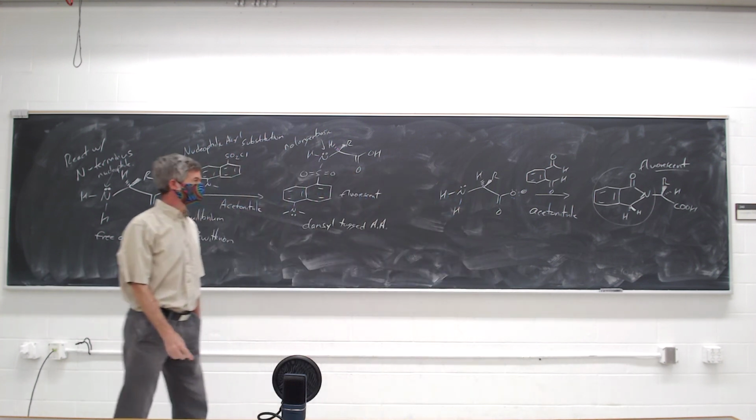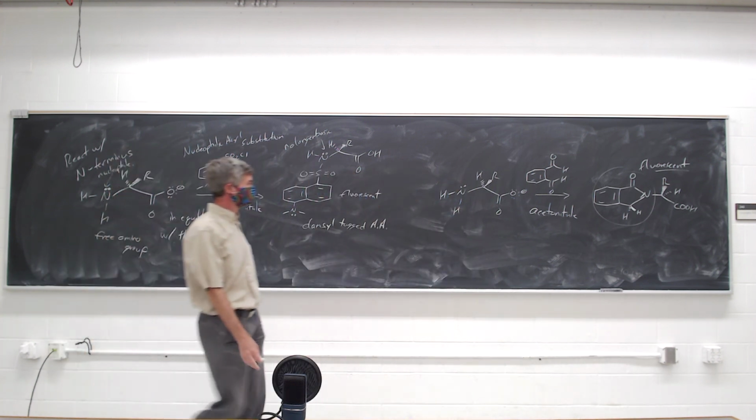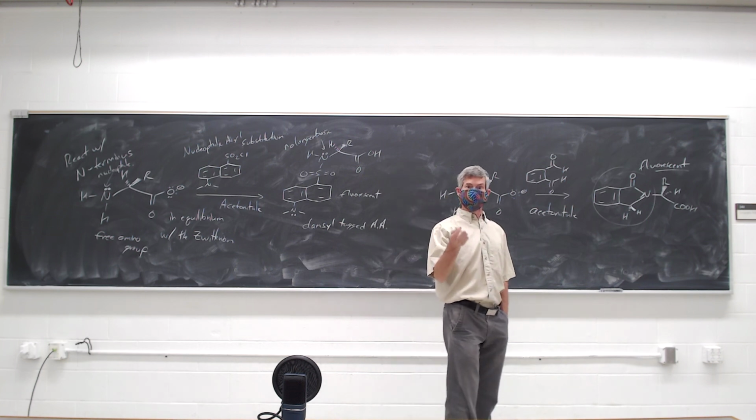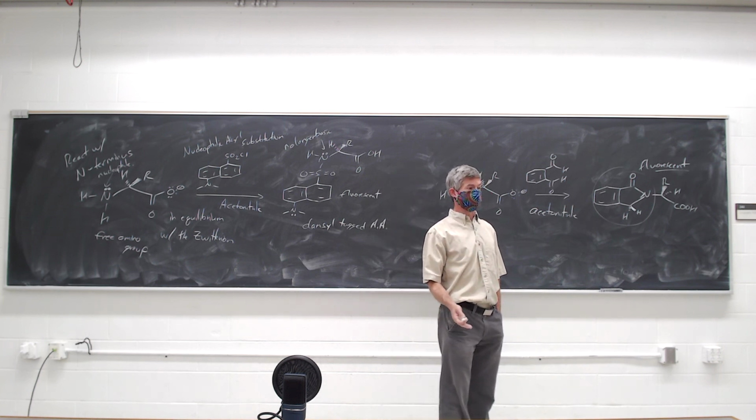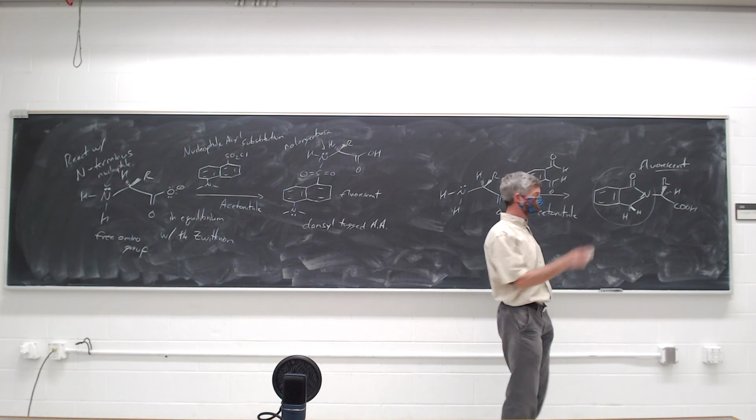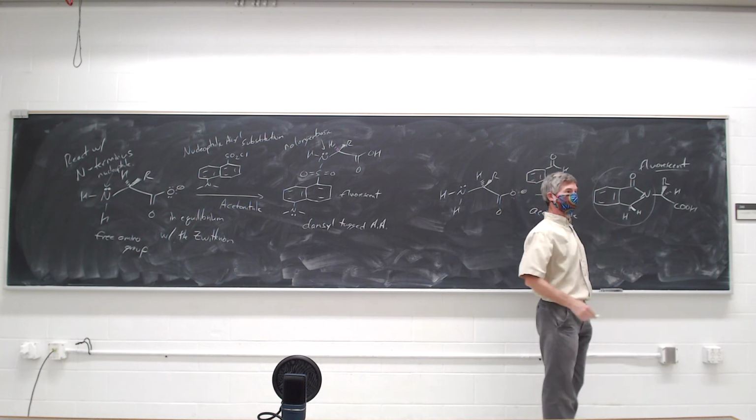So that's what the products look like of this OPA tagged amino acid. And there are chromatography columns you can buy for high performance liquid chromatography that are specifically designed to be good at separating these.